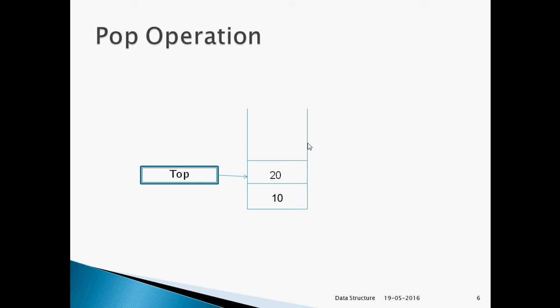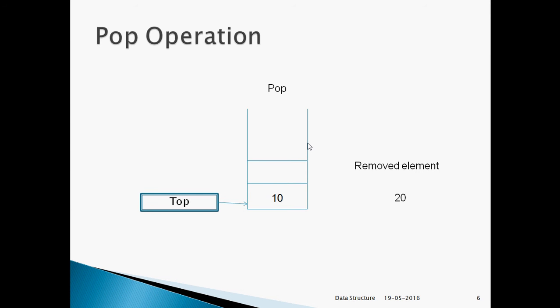Now when I do the pop operation, the element removed from the stack is 20, from the top of the stack. Next I just decrement the top pointer below, that is to 10.